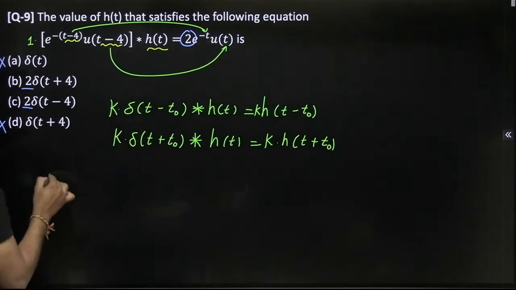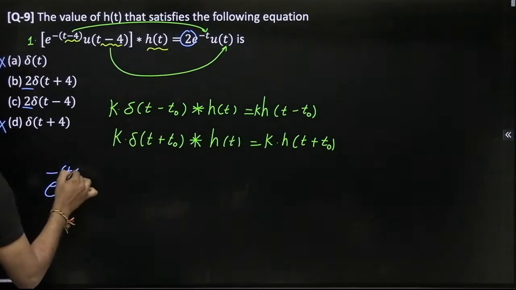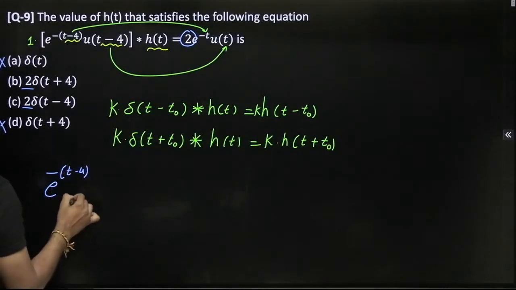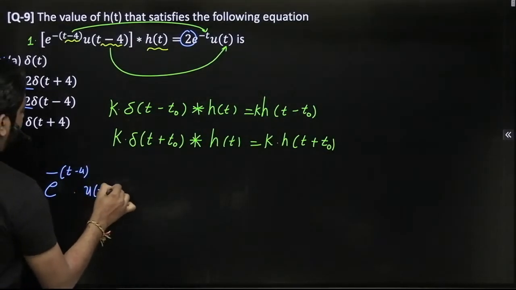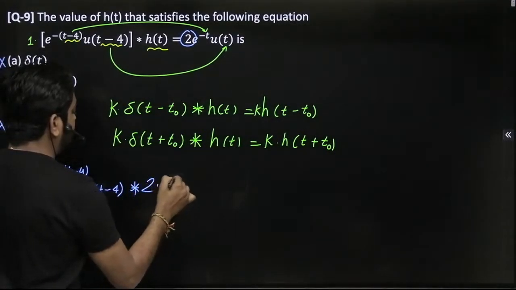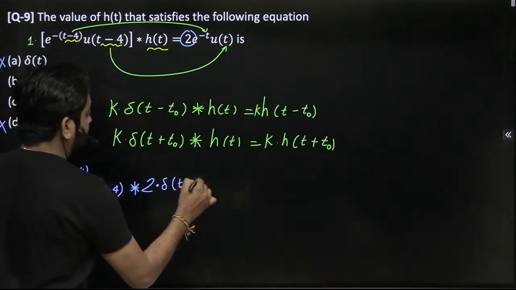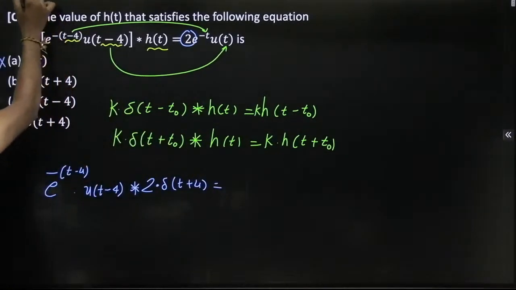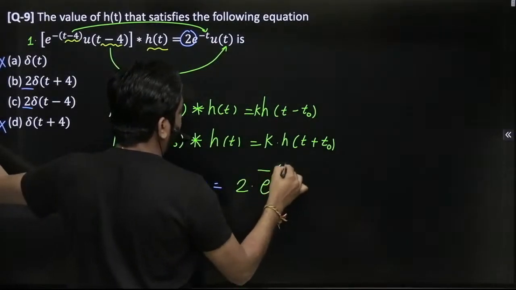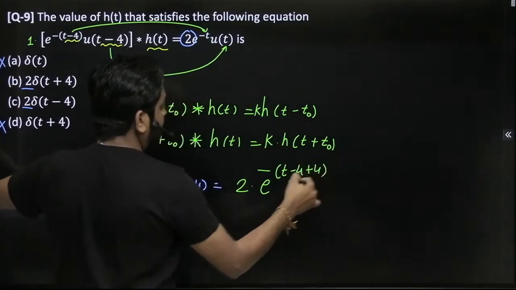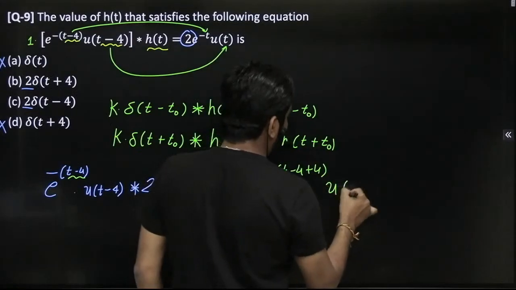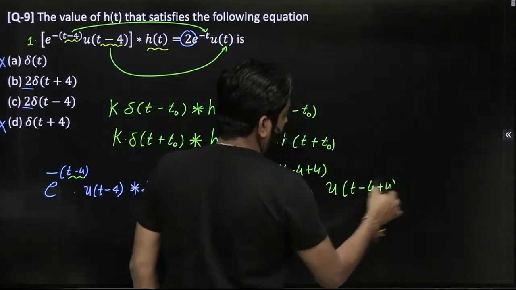Okay. So e to the power minus (t minus 4) into u of (t minus 4) convolved with 2 times delta of t plus 4, guys. Then here this is t minus 4, here t plus 4, so it becomes 2 into e to the power minus (t minus 4 plus 4) into u of (t minus 4 plus 4), guys, correct?